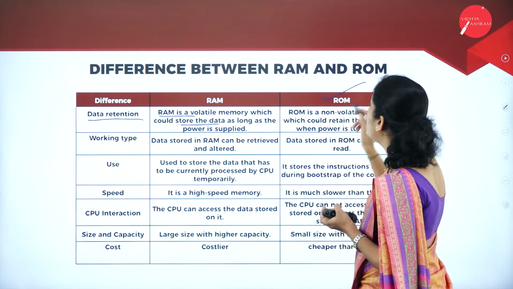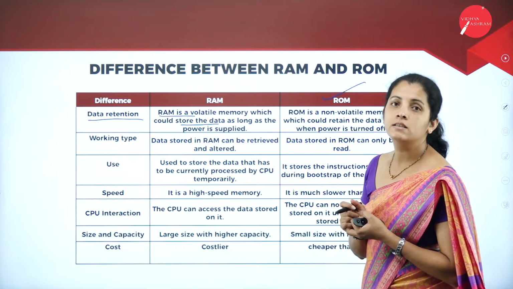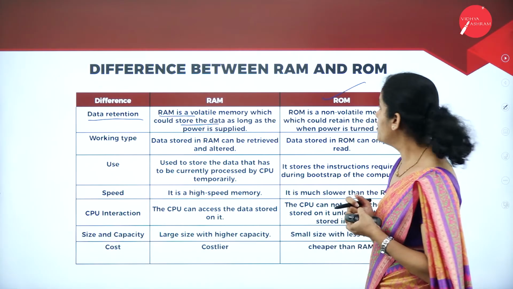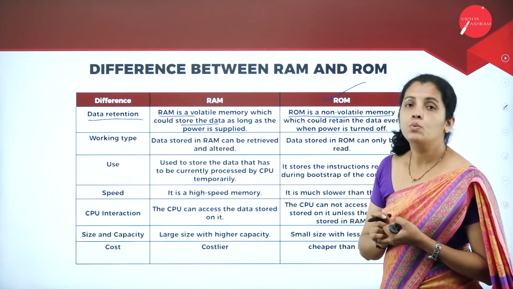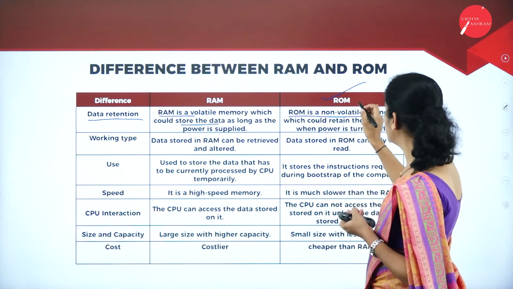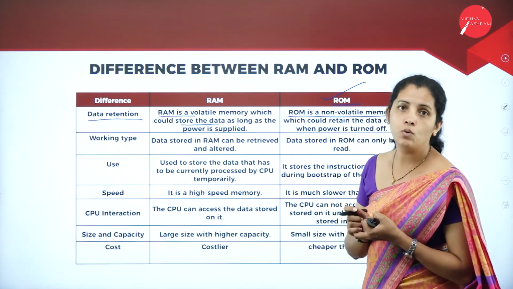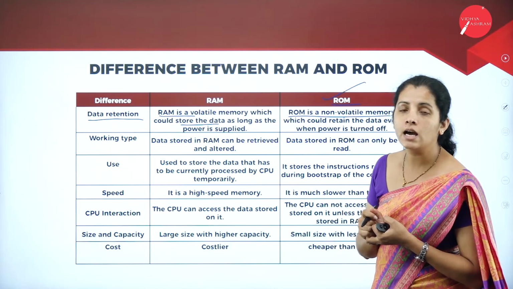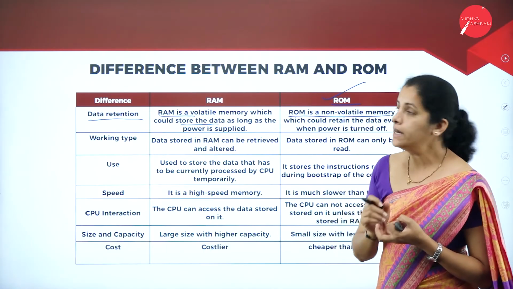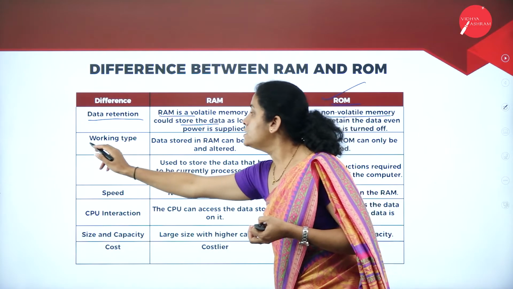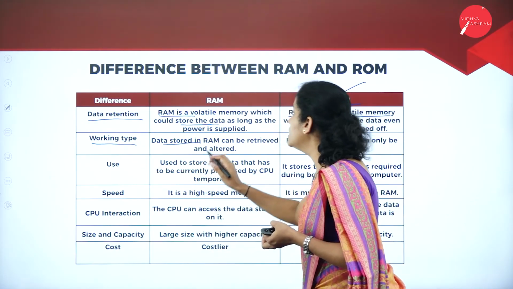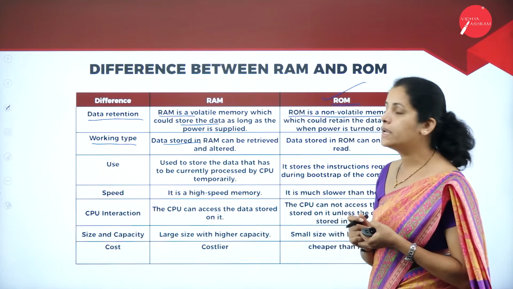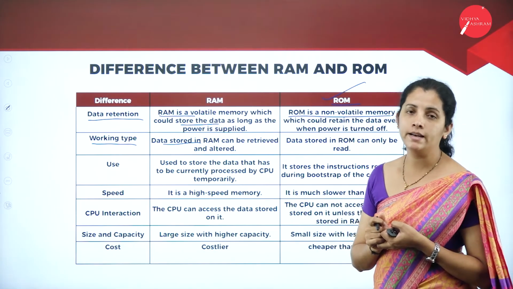Then ROM. What is ROM? That is read-only memory. It is non-volatile. That means whatever data is present in the read-only memory is stored permanently. Based on the working type, data stored in random access memory can be retrieved and altered.